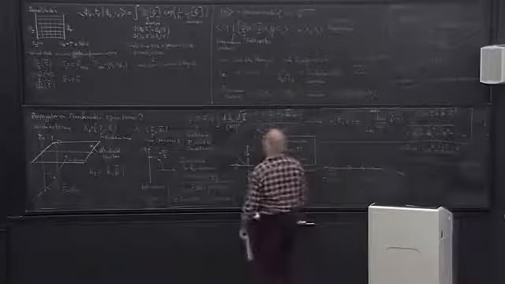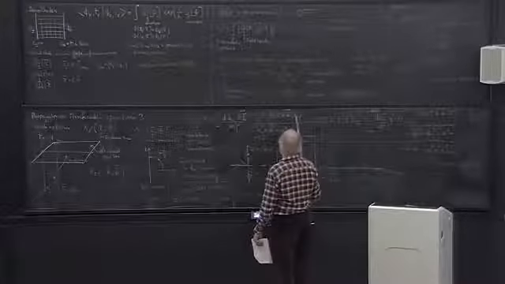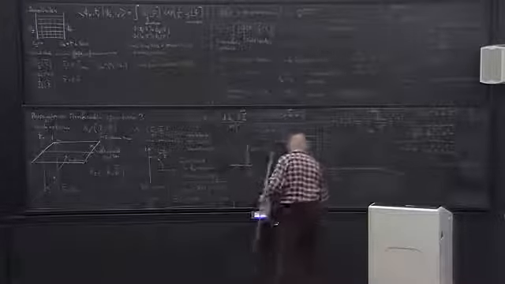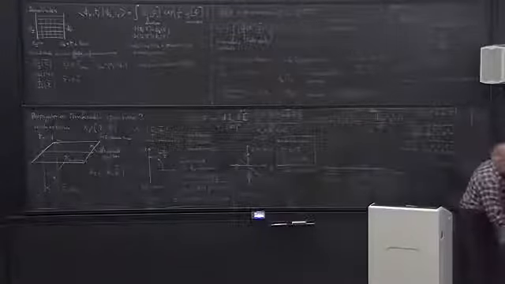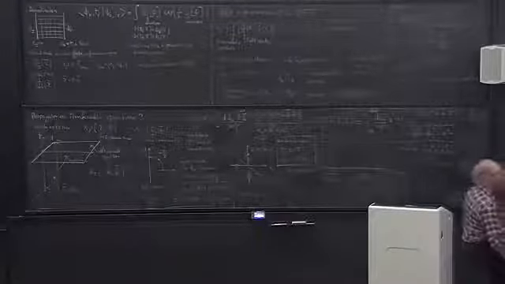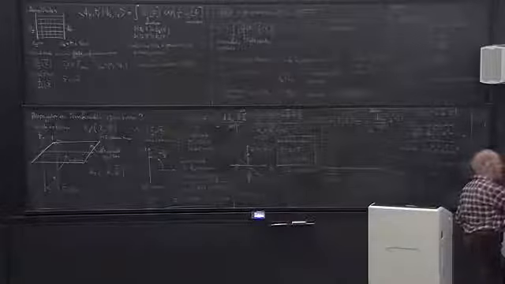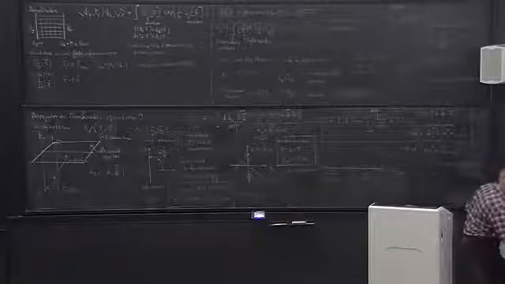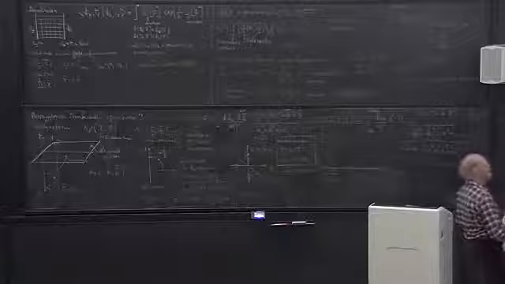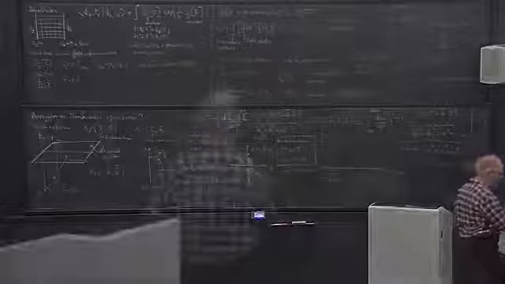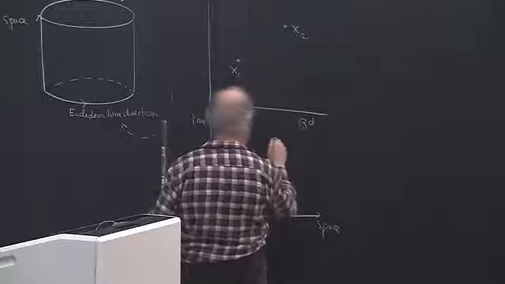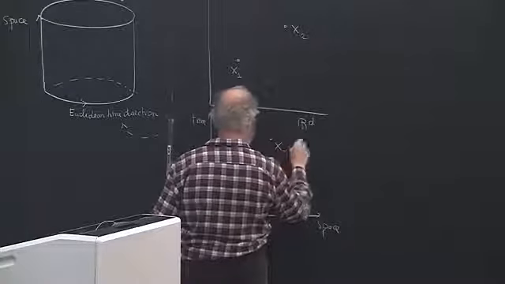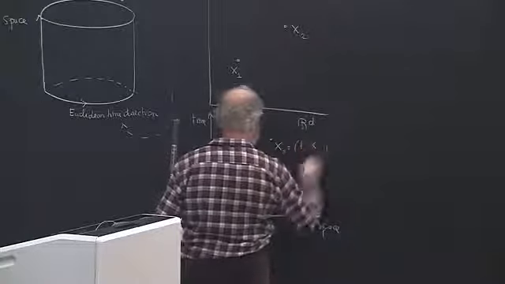Because now x1 is some t1, x1. So now we have Minkowski spacetime, this is time, this is space, and x1 is t1, x1, x2 is t2, x2.